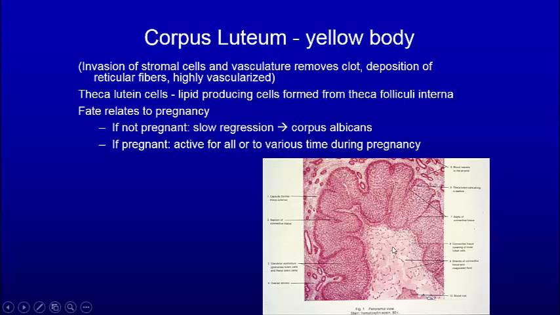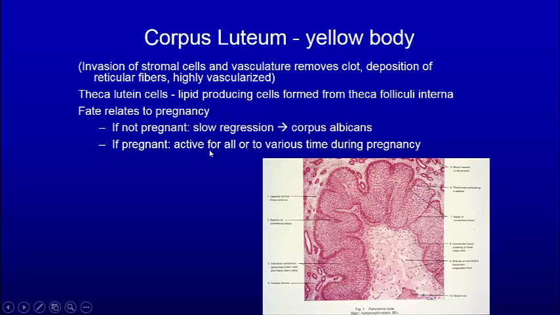It has components on the outside. The little cells are from the theca interna, so we have theca lutein cells. They are the producing cells from the theca interna, as you will. The fate of these cells, if not pregnant, is that it slowly regresses right away, and it becomes corpus albicans eventually.